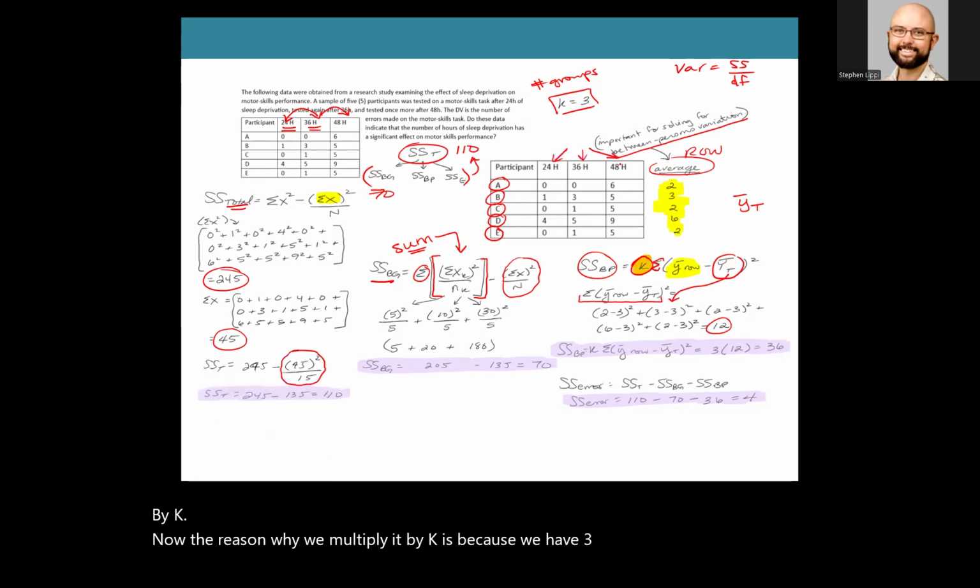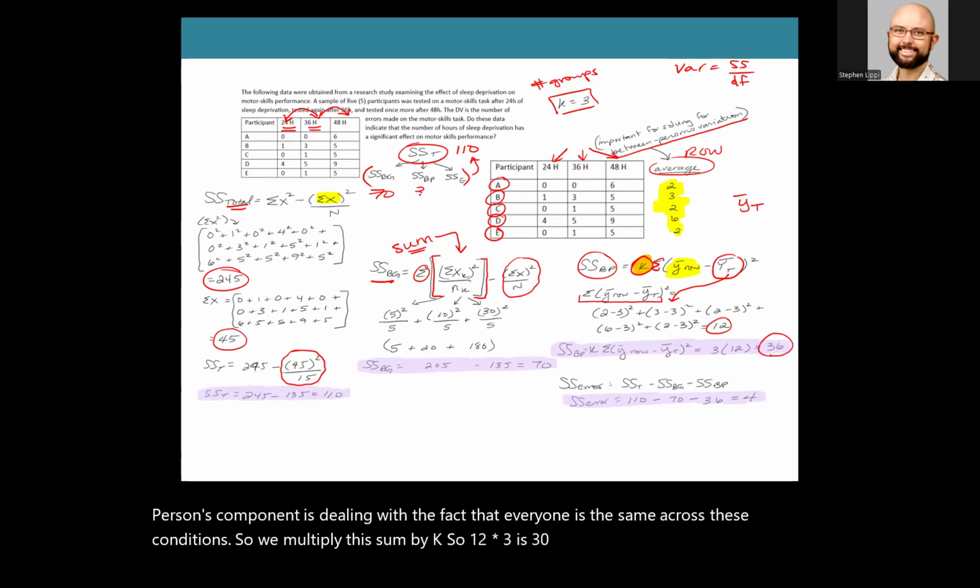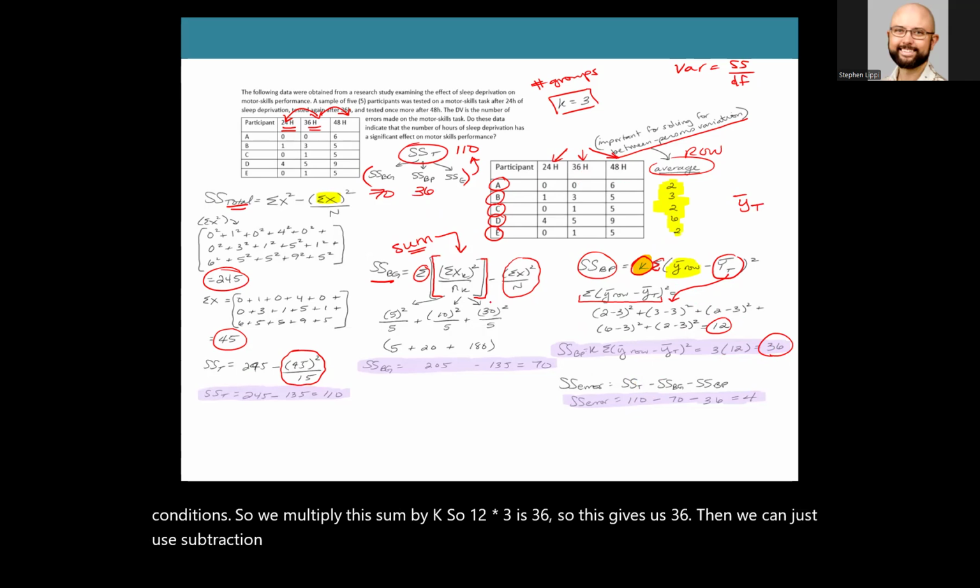And the between persons component is dealing with the fact that everyone is the same across these conditions. So we multiply this sum by k. So 12 times 3 is 36. Then we can just use subtraction to say 110 minus 70 minus 36 leaves us with a value of 4 for our sums of squares for error.